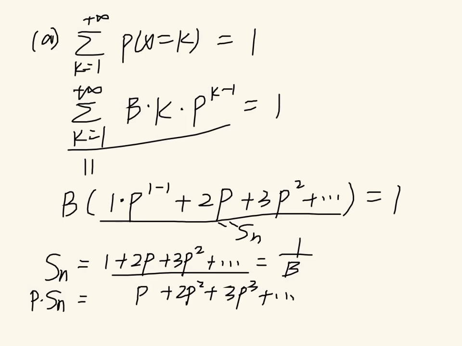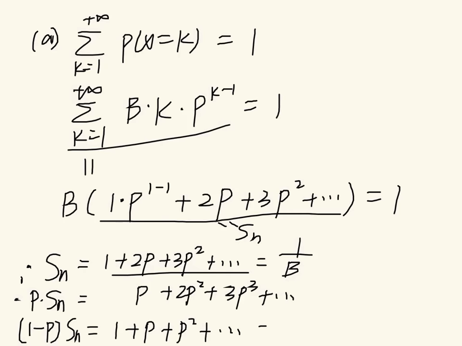We use this equation minus this equation. We have 1 minus p times Sn equal to 1 plus p plus p squared plus dot dot dot.